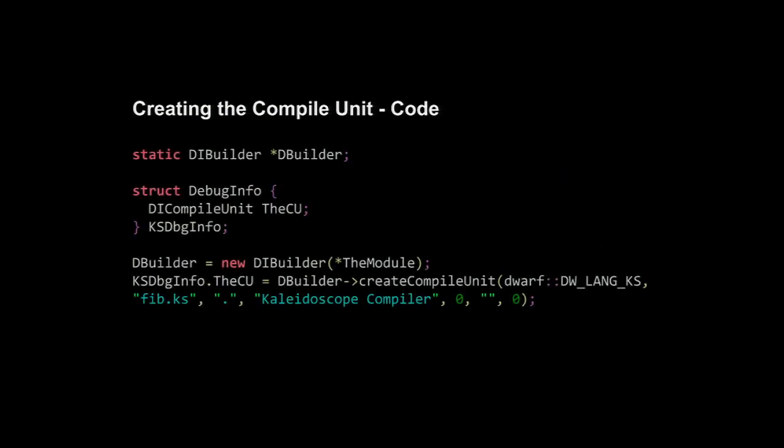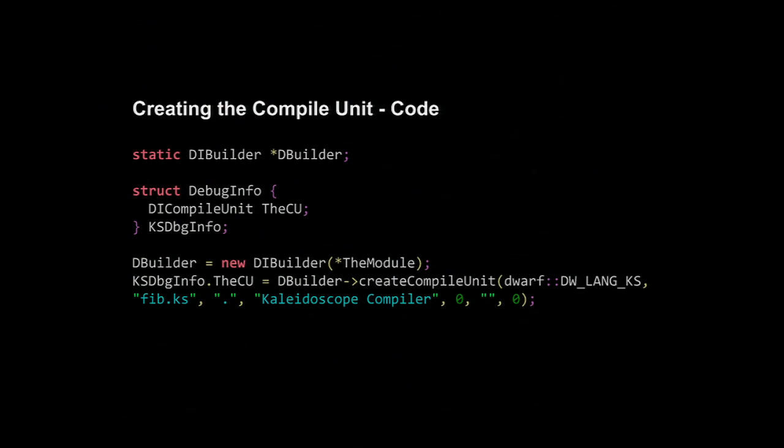So first thing you have to do, the big container for everything is the compile unit, right, in debug info. So we're going to first create our debug info builder. I started a little struct to hold some stuff I needed for debug info, in this case, the compile unit, and made this big global because it's not great design.